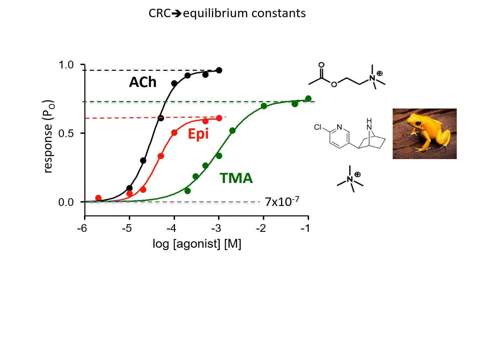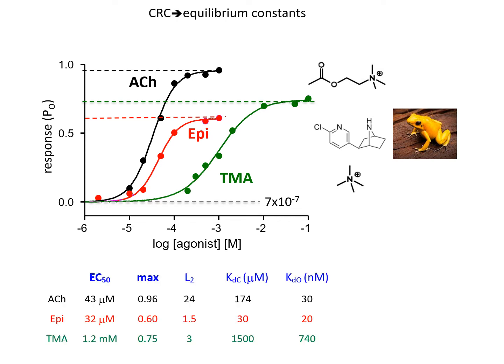So we take these maxima and we take these curves and we fit them to get a maximum and EC50, from which we calculate L2 and then KDC and then KDO, and you can see that the low affinity binding constant to the closed channel is in the micromolar range, and the high affinity binding constant to the open channel is in the nanomolar range.